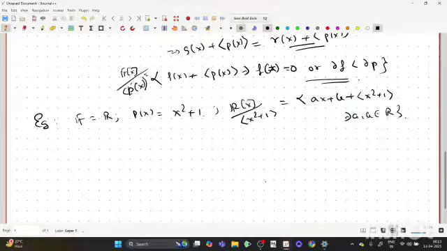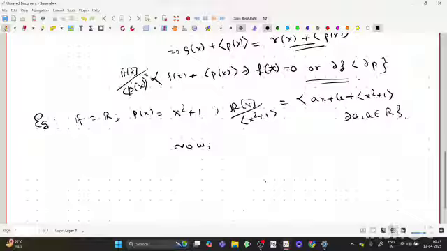Now observe that. If I consider the multiplication of two such elements, the addition is pretty obvious. Why am I considering multiplication? Because if you consider the multiplication, then the degree might be equal to the degree of the polynomial which is generating the ideal, right?